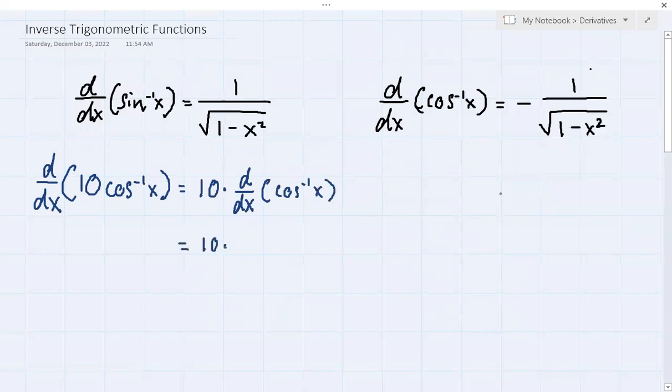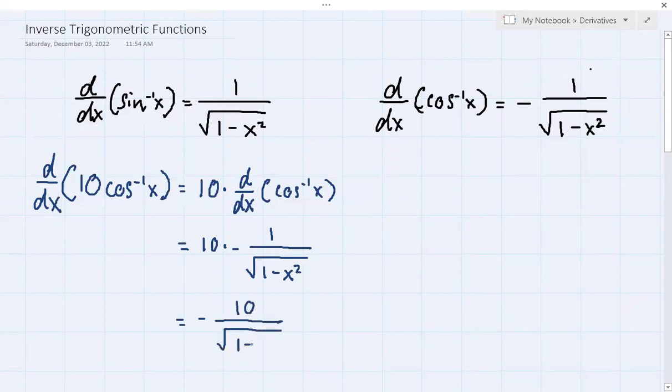Once again, arc cosine, ang derivative niya ay negative 1 all over the square root of 1 minus x squared. So multiply them together, we will have negative 10 all over the square root of 1 minus x squared. Yan na yung derivative niya.